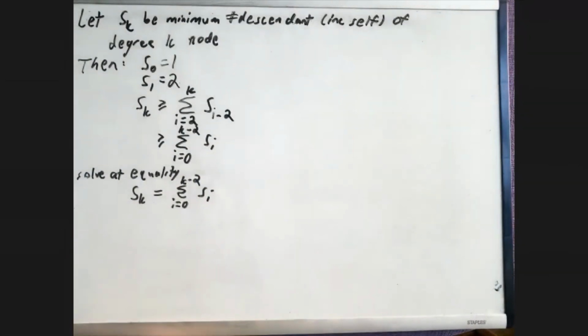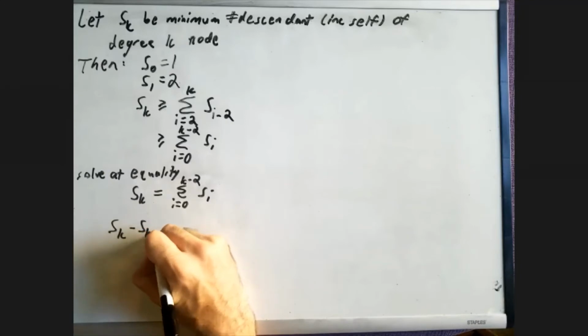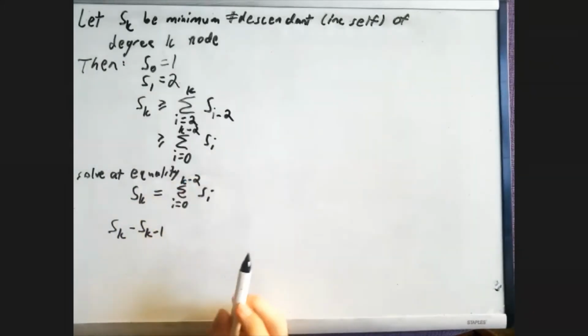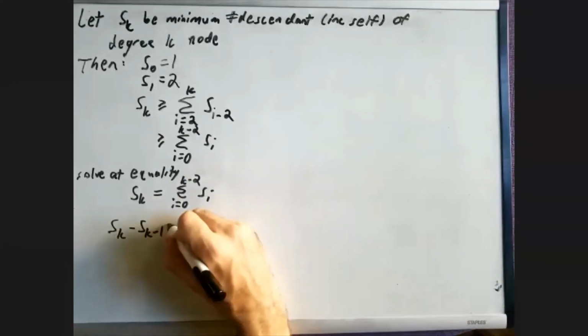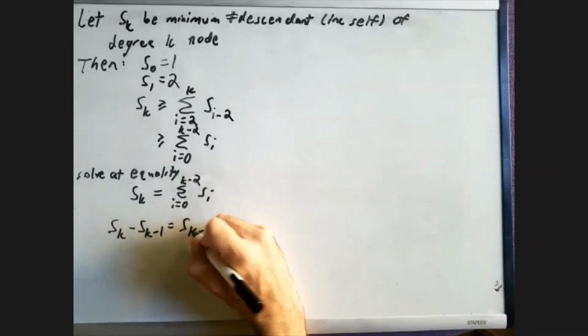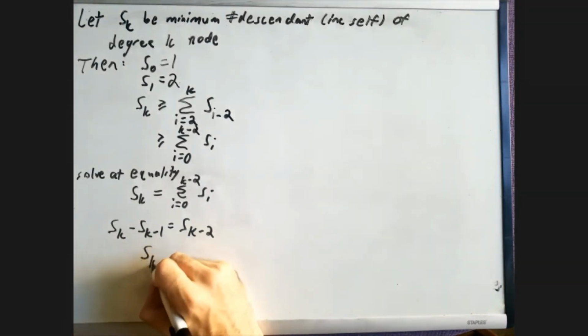And now if I subtract SK minus 1 from SK, this is going to give me a sum up to k minus 2 on the right, minus a sum up to k minus 3 on the right. So everything goes away except for the k minus 2 term, right? So why don't I just rearrange this?